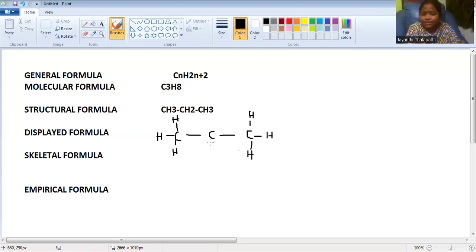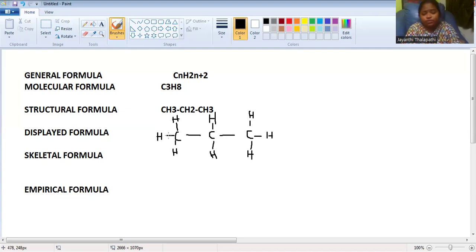If you take the center carbon atom, which is already bonded with 2 carbon atoms on both sides, it can share only 2 other electrons. Those 2 electrons are shared with hydrogen. That is the reason it is CH3, CH2, CH3.